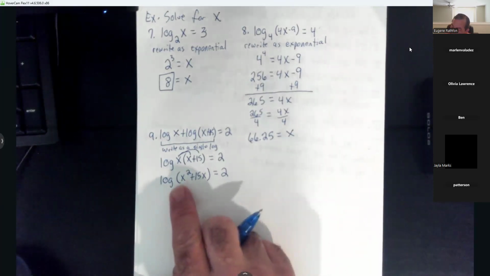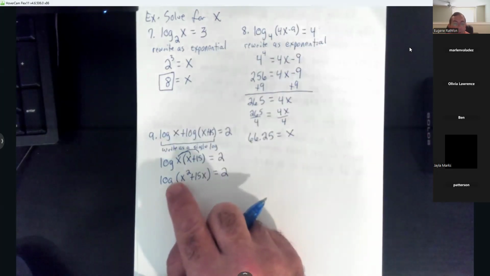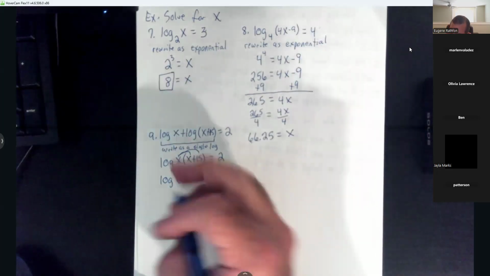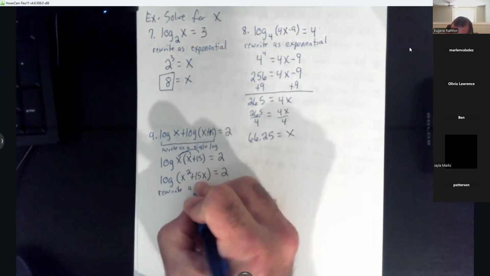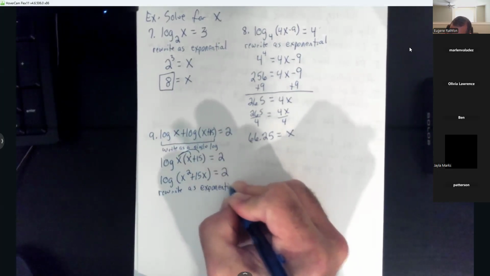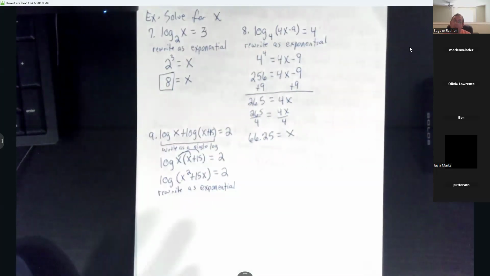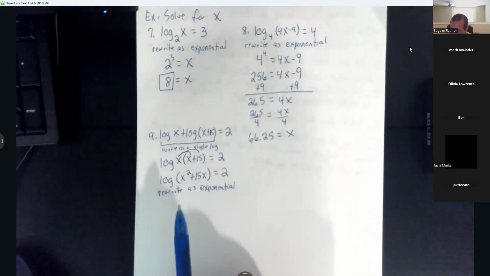All right, so it's back to this point. I've got a log equal to a number. I'm going to rewrite as exponential. So most of these, unless you got a log on one side equal to a log on the other, you're going to have to rewrite these as exponential, okay? But y'all, I need a little help here.